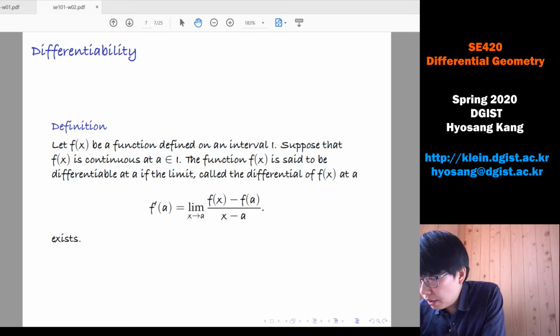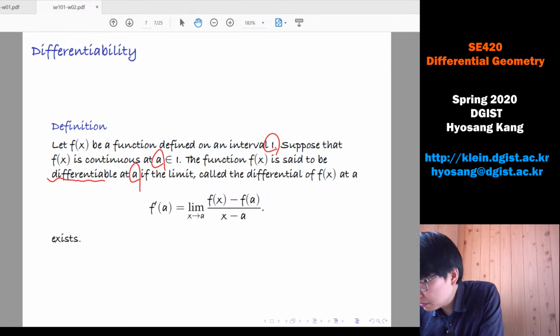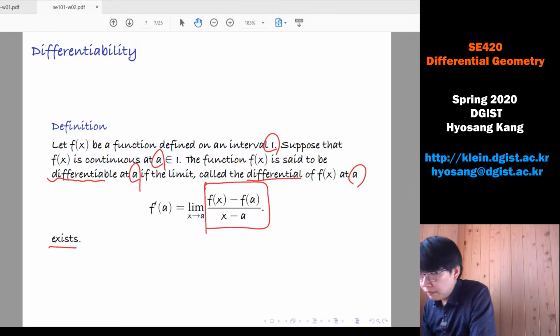So if function is defined on interval I, and suppose that f(x) is continuous at a, the function is said to be differentiable at a if the limit called the differential, so the value of limit is called the differential of function at a, exists. And how is it defined? It is defined as a limit of ratio of difference of f and difference in x around a. So I think you all know this definition already.